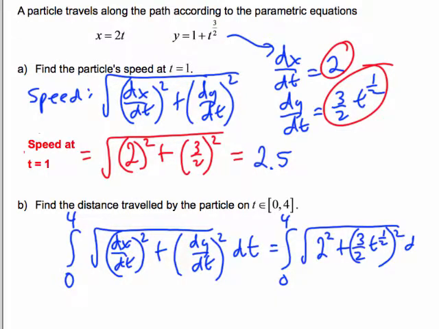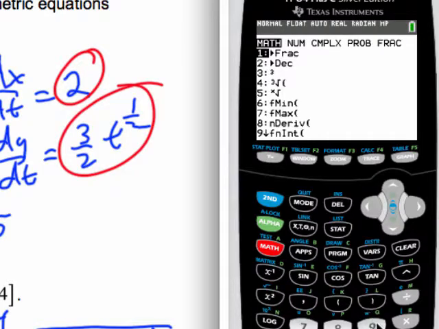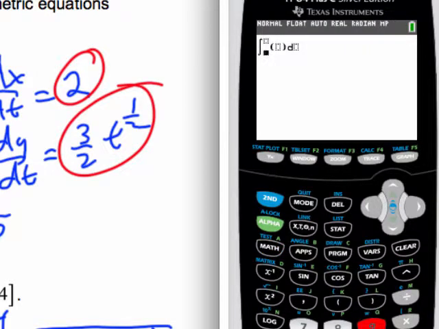So you could work that out by hand if it's easy enough to work out, or you can enter it on your calculator. So on my calculator, Math 9, from 0 to 4, the square root of, now I could get the calculator to put all the derivative stuff in here as I did before, but since the derivatives are easy, I'll just do them myself.